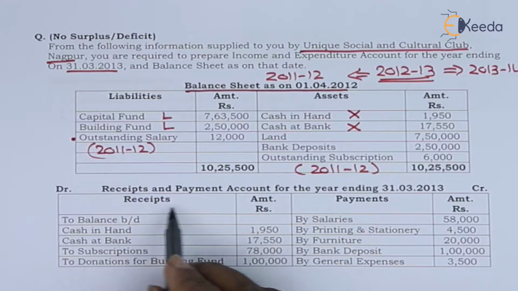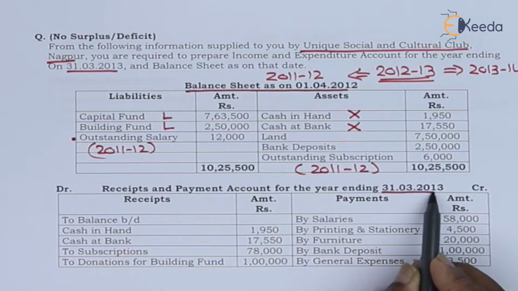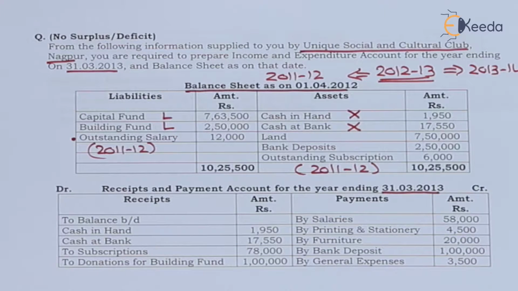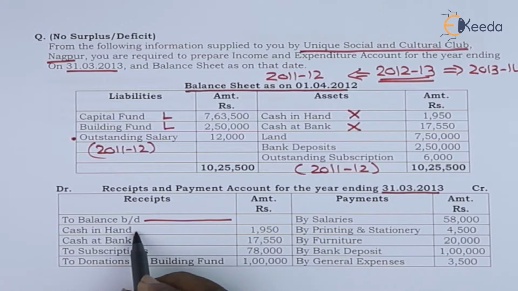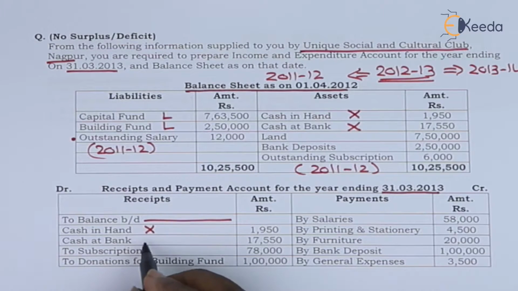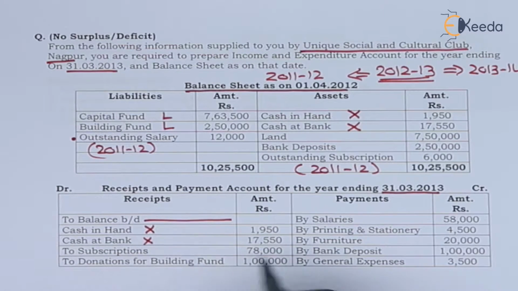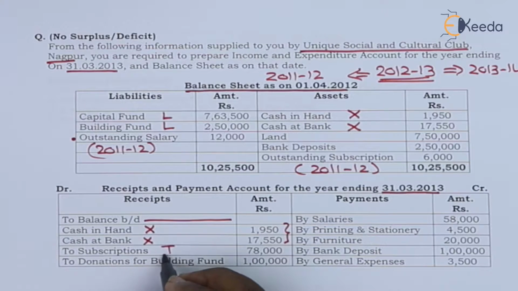Let us go through the receipts and payment account for the year ending 31st March 2013. Let us start with the receipt side. Opening balance of cash 1,950. Opening balance of bank 17,550. These two items will not be recorded anywhere in accounts. Subscriptions, the total subscriptions received they have given.